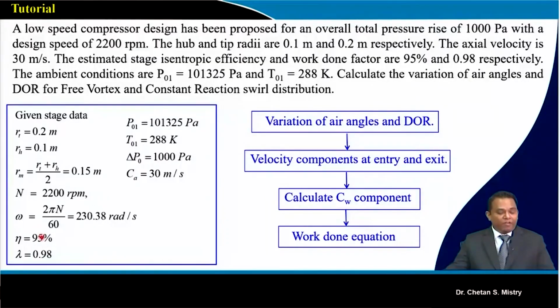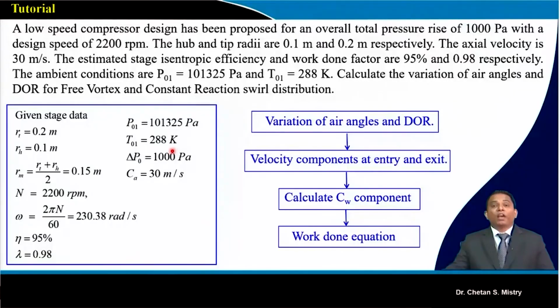We have our efficiency as 95%, and the work done factor is given as 98%. So this may be the first stage. We have our entry pressure and entry temperature, and we are expecting a total pressure rise of 1000 Pascal, and the axial velocity is also known to us.